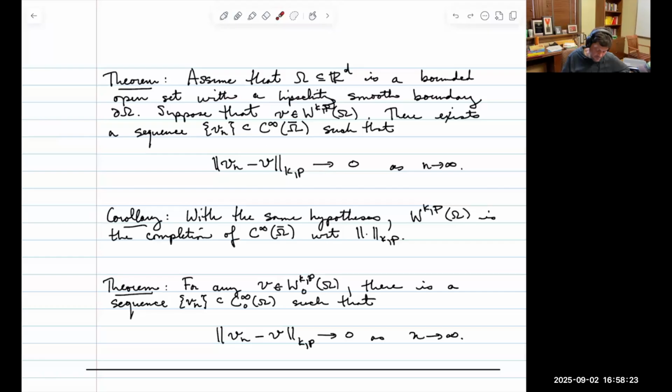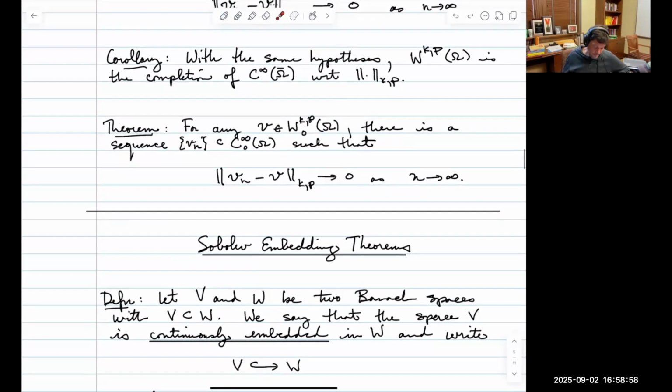There exists a sequence of those functions such that the W^{k,p} norm of v_n minus v converges to 0 as n goes to infinity. So this says that these functions are dense in W^{k,p}, or in other words, W^{k,p} is just the completion of C infinity of omega bar with respect to that norm. Either way, it means more or less exactly the same thing.